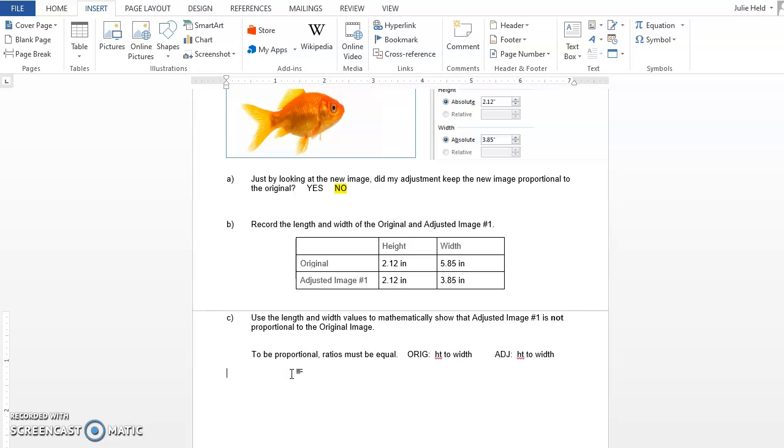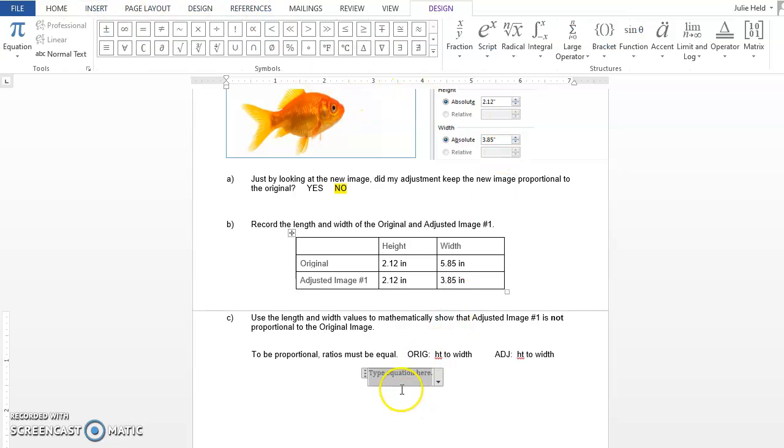I want to insert just a little equation here. I'm going to take the ratio, the height 2.12 inches to the width on the bottom, 5.85. Why am I putting that on the bottom?